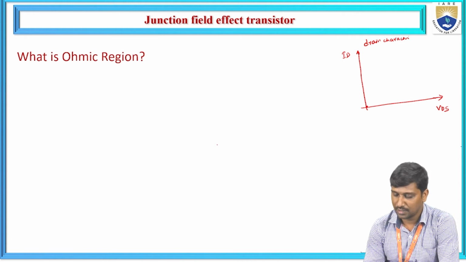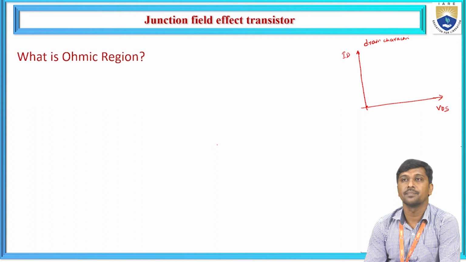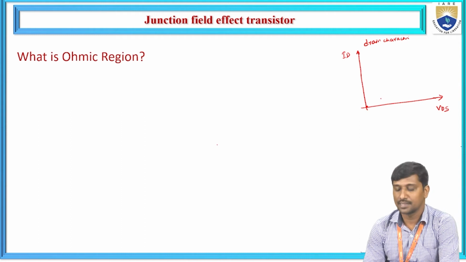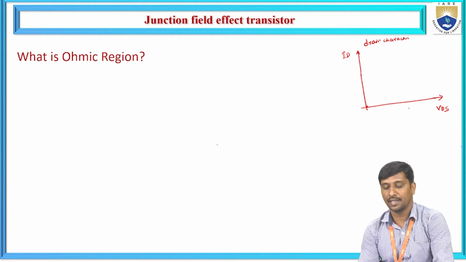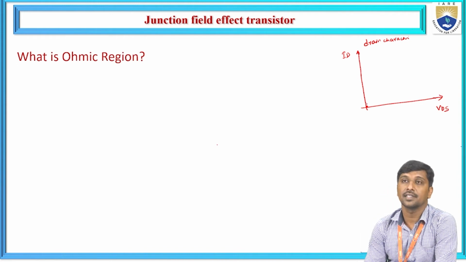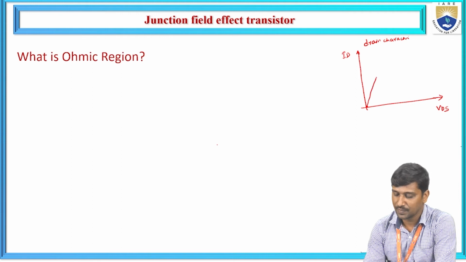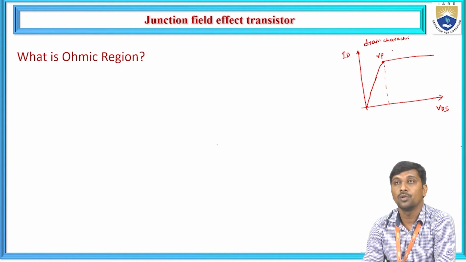When VGS is constant, or when VGS is 0, and VDS increases due to the applied voltage between source and drain, the charge carrier concentration also increases, and the drain current increases. It increases linearly until the point where the drain current becomes maximum, and that point is called the pinch off voltage point.